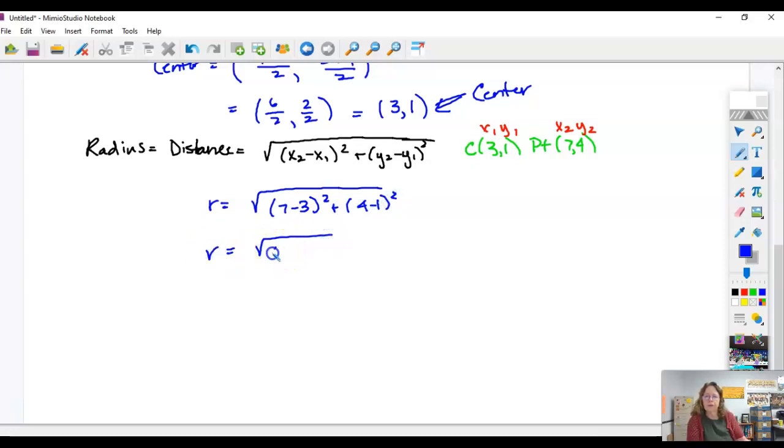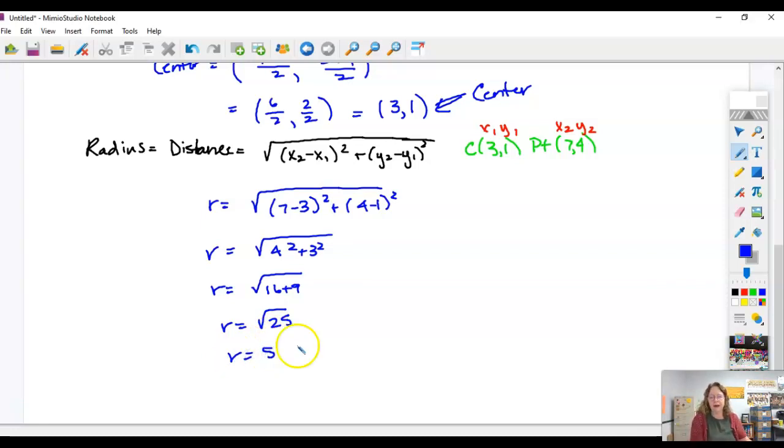That would be 4 squared plus 3 squared, so the square root of 16 plus 9, which is the square root of 25. That one we know, so you can simplify it down to 5.